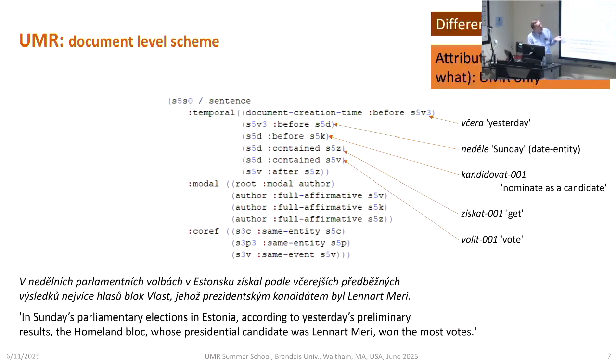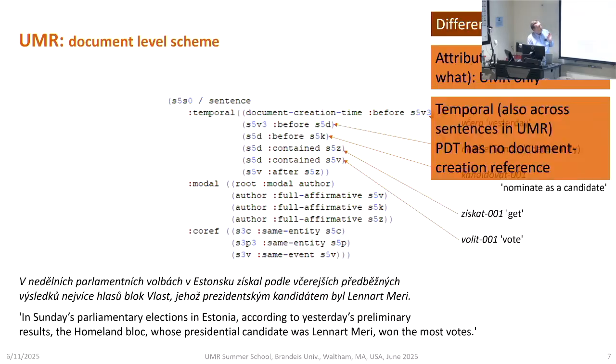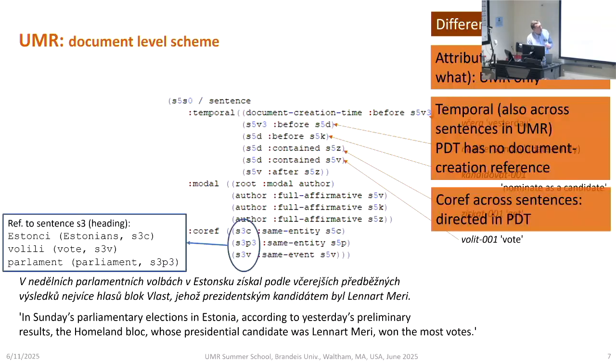So the differences are attribution. We don't have attribution in PDT, even though the discourse relations are modeled after the Penn discourse treebank, which does use attribution, but we don't. Temporal, I mean, as I said, it's typically within sentence. Coreference across sentences is okay, because once we have that, we can easily do the coref attribute in the document level annotation.